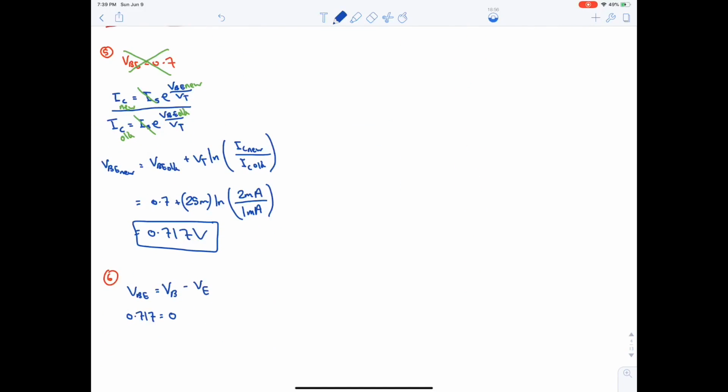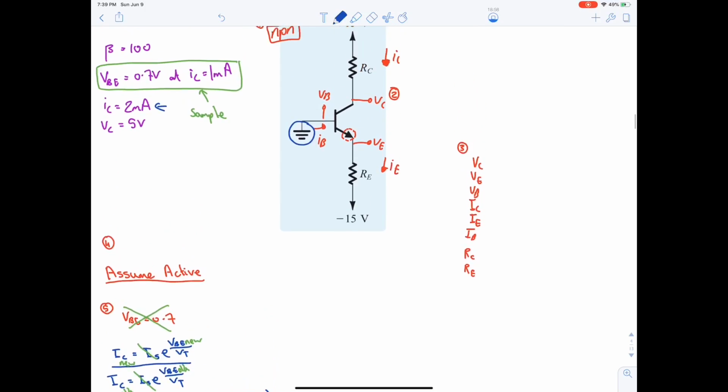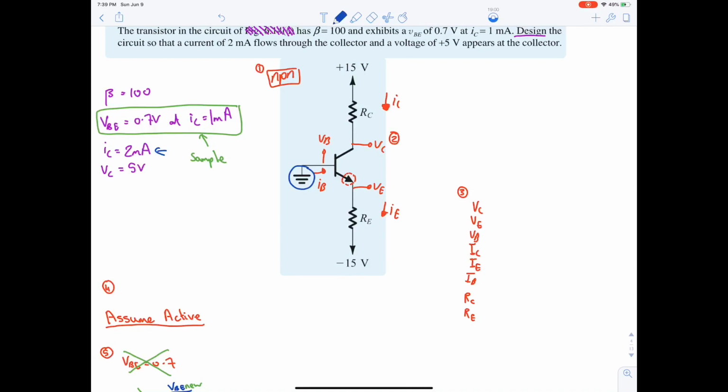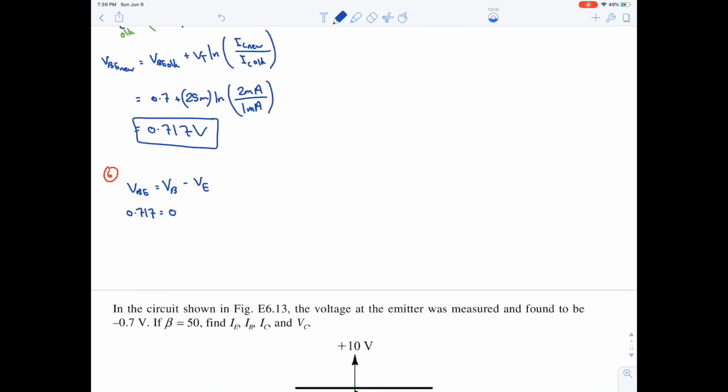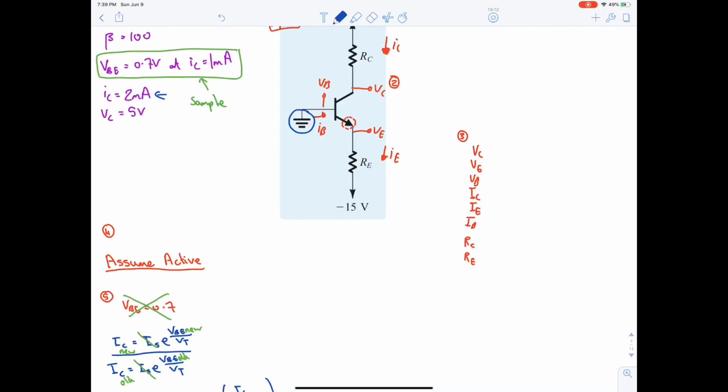So VB is equal to 0. Do we have VE? No, we do not have VE. Hence, it's unknown, so we have to find it out. VE is equal to minus 0.717. And now we have found VB, VE. VC and IC are given. We have to find the rest.